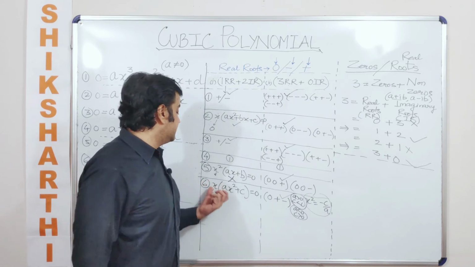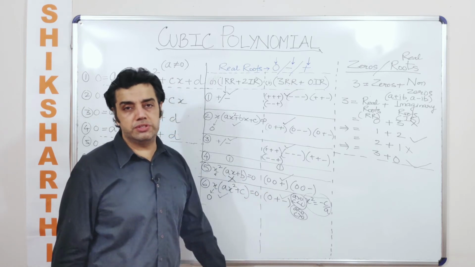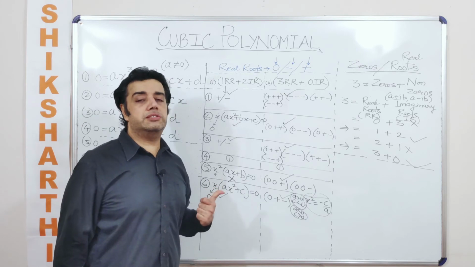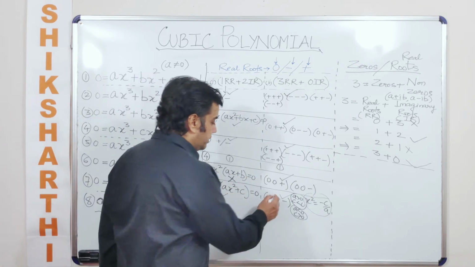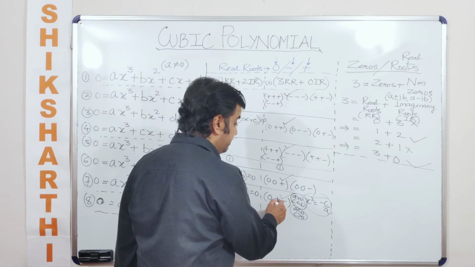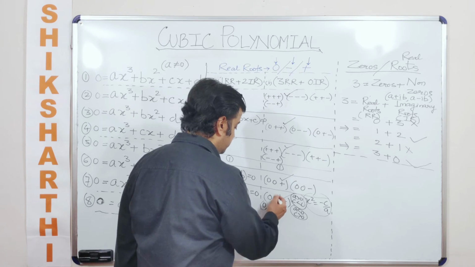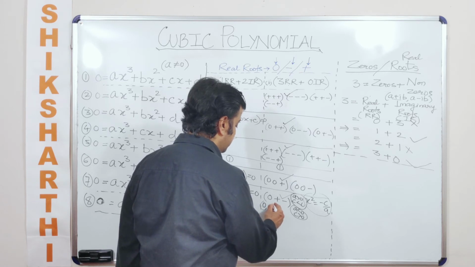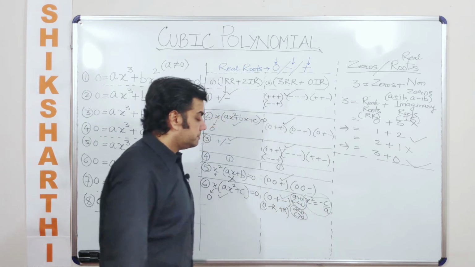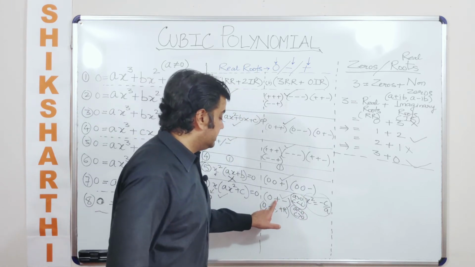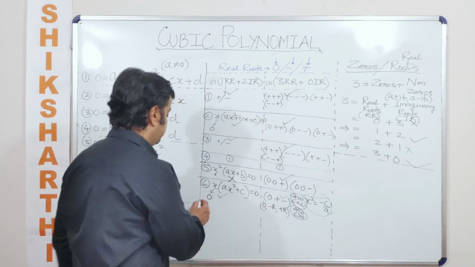Symmetric means, for example, if I give you an equation like x times (x square minus 4) is equal to 0, in that case one root is 0 and the other two roots are minus 2 and plus 2. So when we are getting the other two roots here, they'll be symmetric. So let's put it like this: one of the roots is 0 and the other roots would be, let's say, minus r and plus r. So you will always get two non-zero roots, opposite in polarity, in this case.